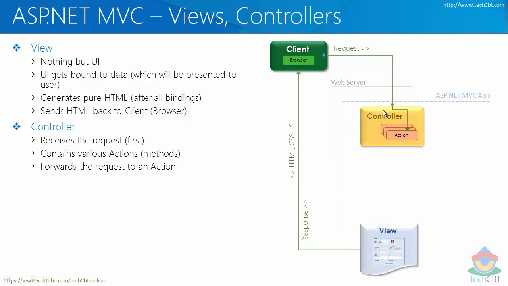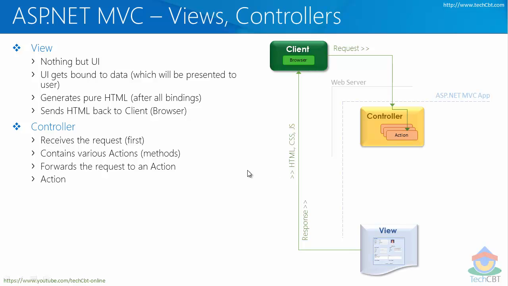I can have multiple controllers in an MVC application, and I can have multiple views, and each of the controllers can have multiple actions. Based on the request the MVC framework receives, it will forward that particular request to the respective controller, and to the respective action only.